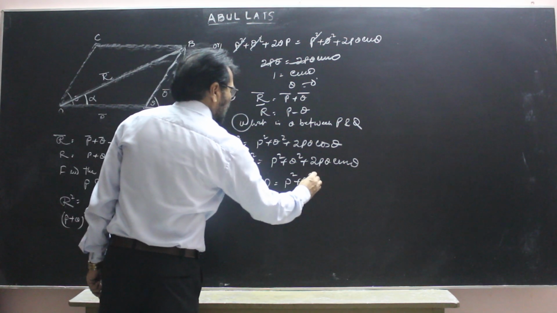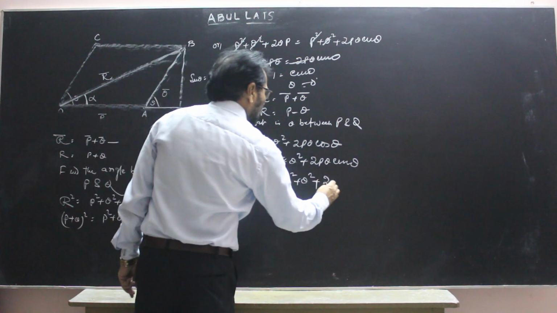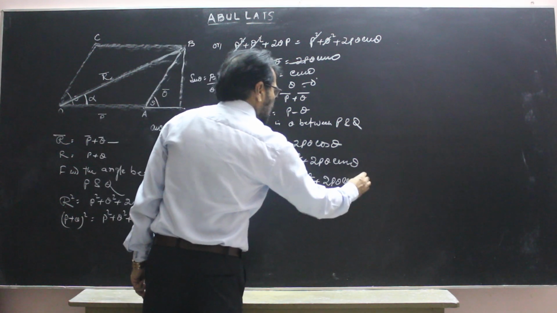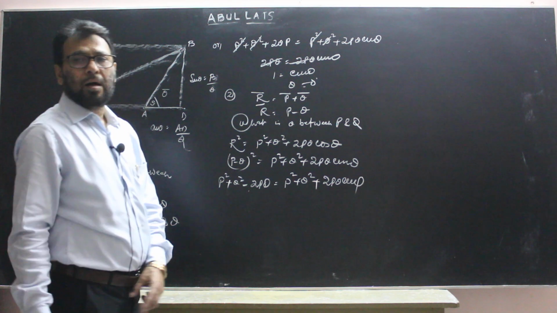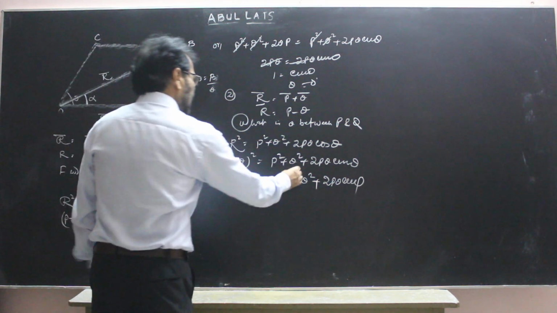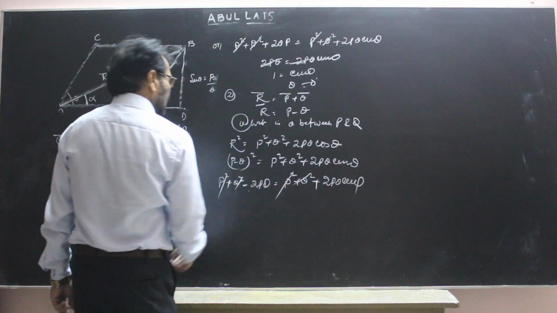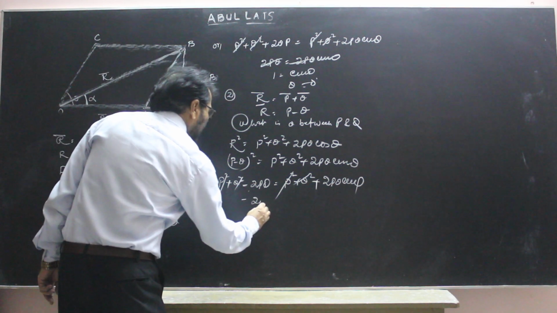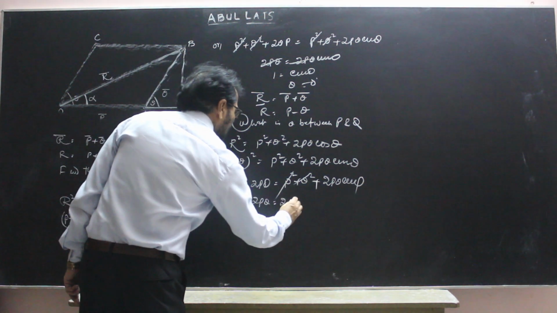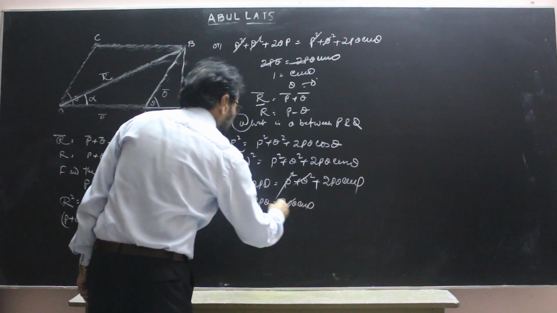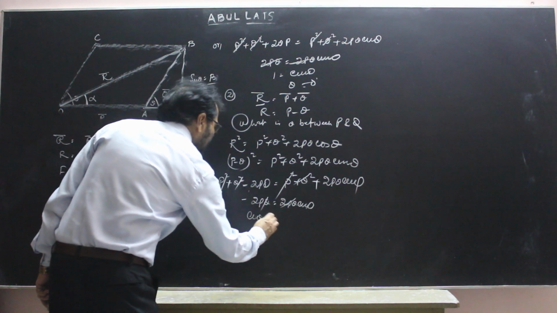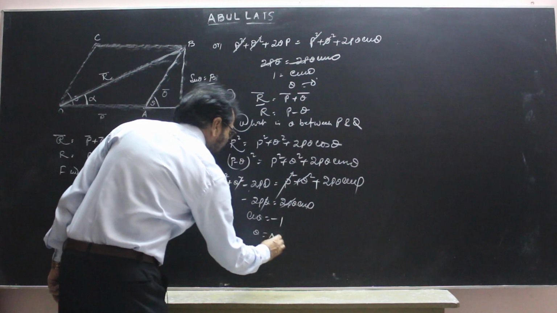So P square plus Q square minus 2PQ is equal to P square plus Q square plus 2PQ cos theta. Again P, Q cancel. So minus 2PQ is equal to 2PQ cos theta, and cos theta is minus 1, so theta is pi.